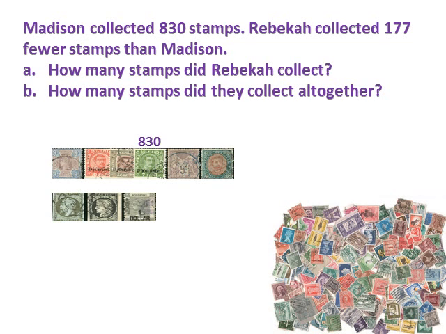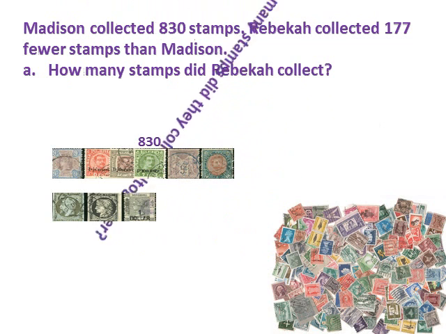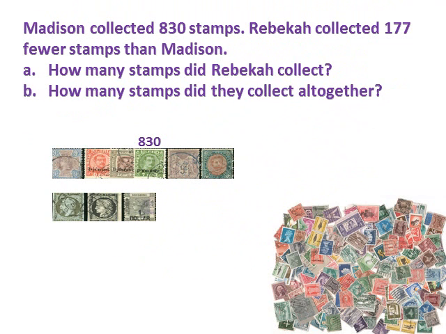The second question is: how many stamps did they collect altogether? Since we already know how many Rebecca collected, we want to know how many stamps they both collected altogether. So we have our model here. The first box is the number of stamps Madison collected, which is 830. The second box is the number of stamps Rebecca collected.